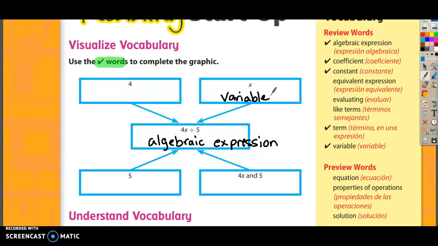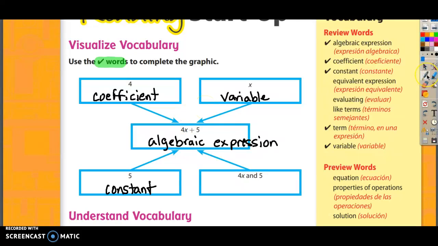Okay, the number 5 has a name, it's called a constant. Now here's an important one, 4. The number right here that goes with the variable has a special name, it's called a coefficient. The 4 in 4x is called a coefficient.